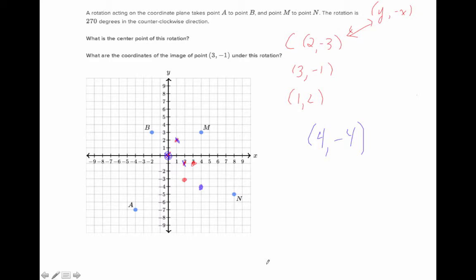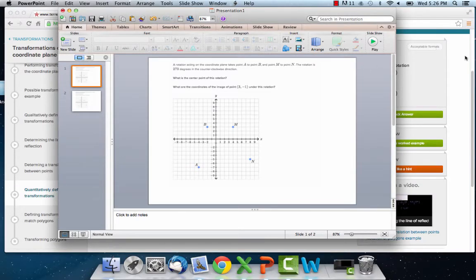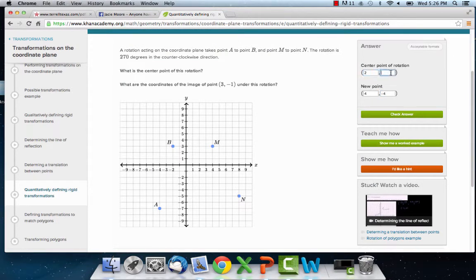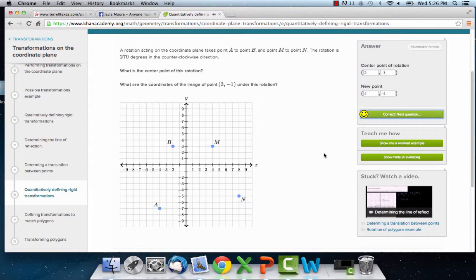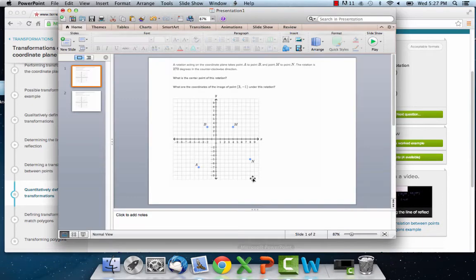The center was (2, -3). Okay, so that does work. So whatever we were doing when you were there earlier, we were probably just trying to be too quick and mismultiplying things. So let me go back now.